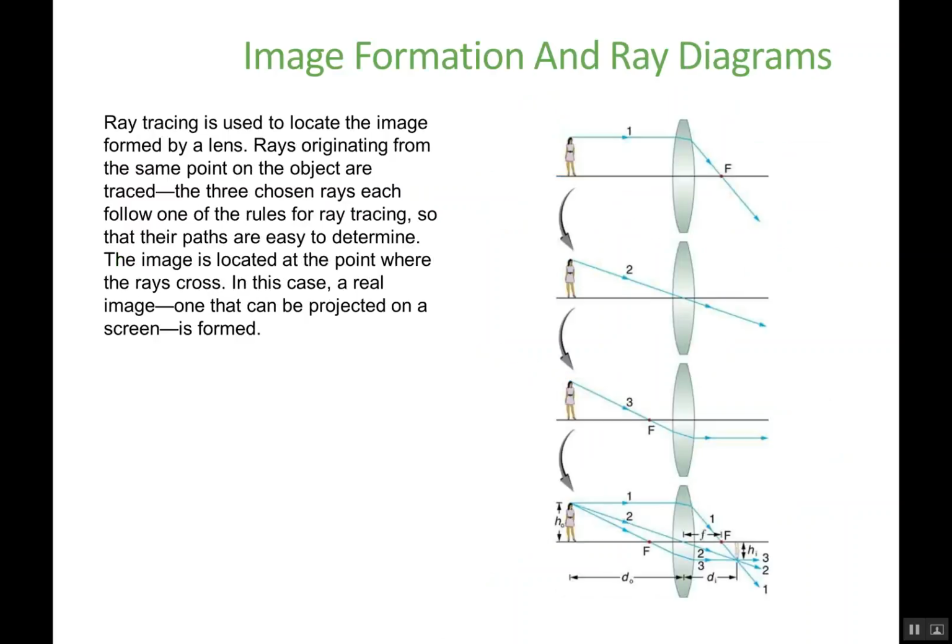So let's talk about how lenses can be used to form images of objects. And the first thing that's important to realize is these images are formed from light that is emanating from the object from which the image is made. So consider this example with this picture of this young lady who's standing in front of a giant convex lens.